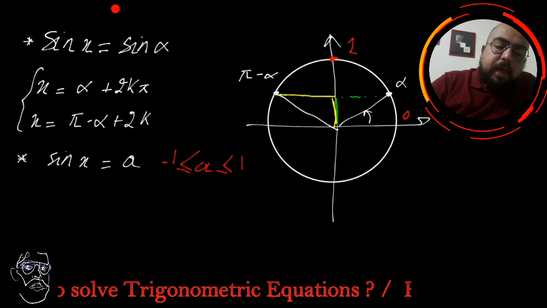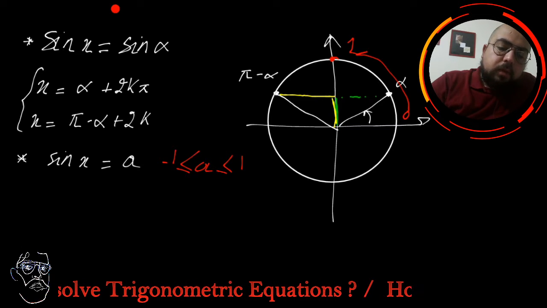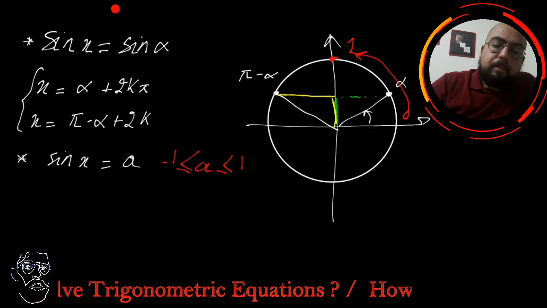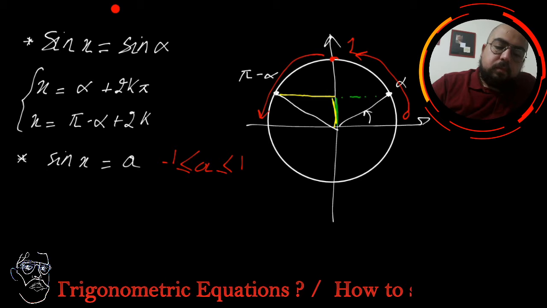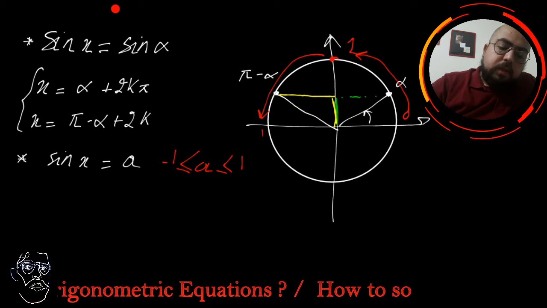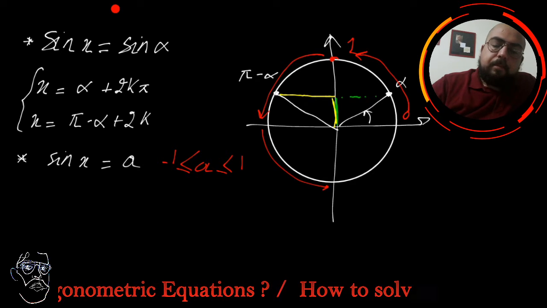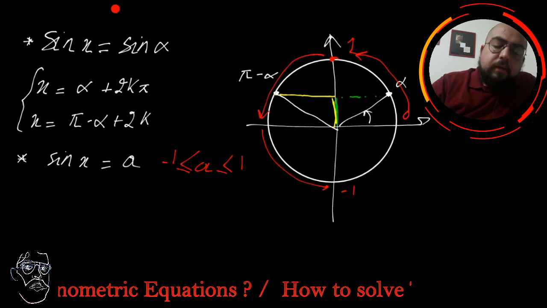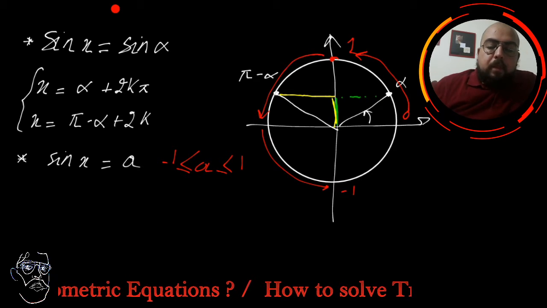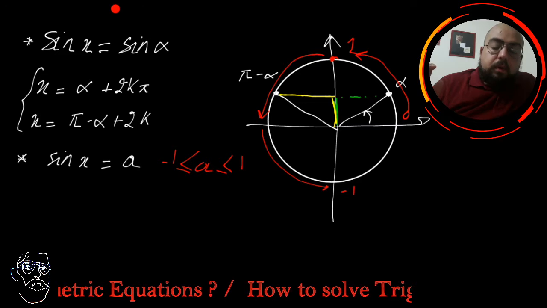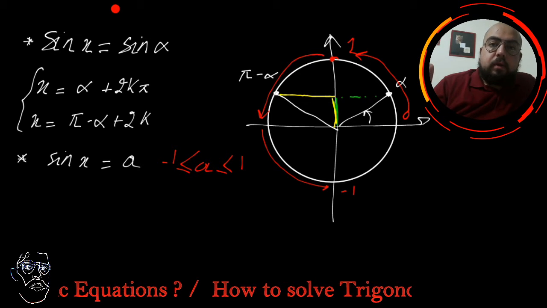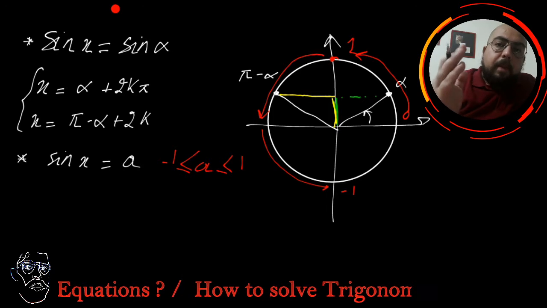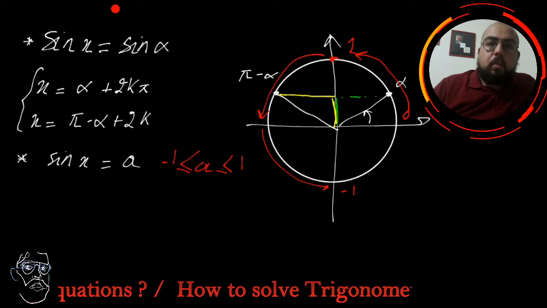So sine will be any value between 0 and 1, or between 0 and -1. Sine has a minimum of -1 and a maximum of 1.